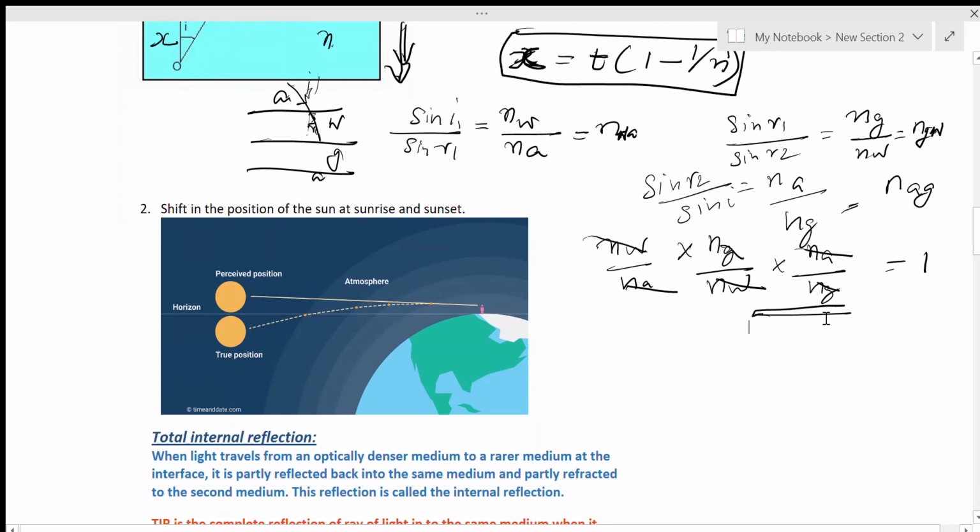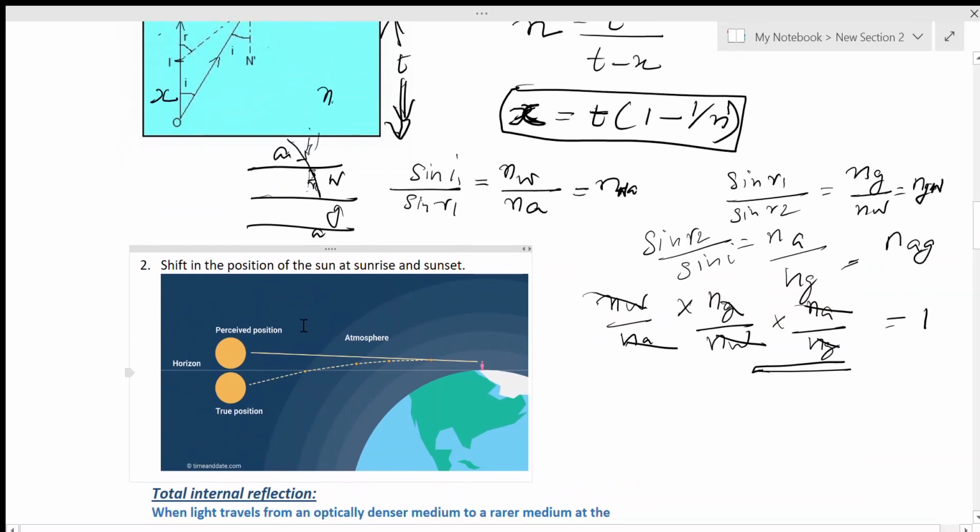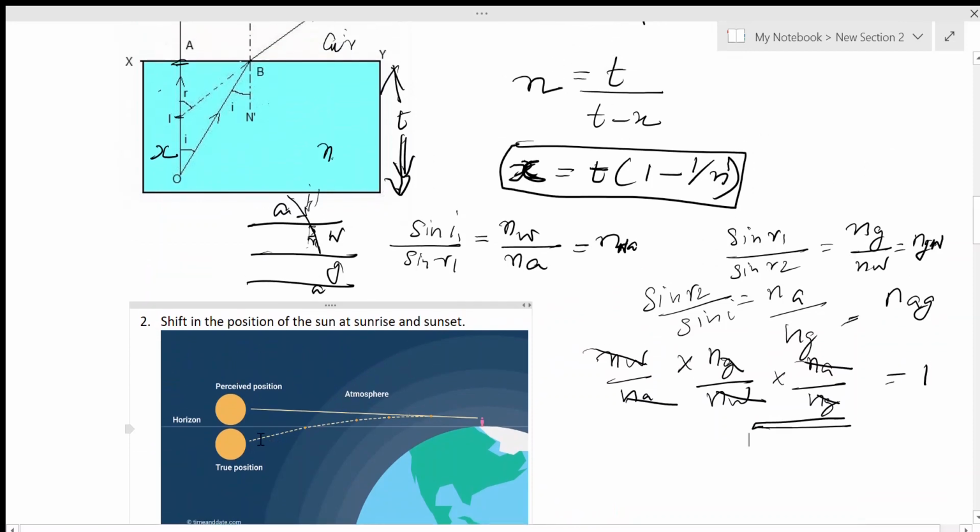Now there is a shift in position of the sun at sunrise and sunset. That is also due to refractive index change in the atmosphere. So it's actually due to atmospheric refraction. We say the reason for this phenomenon is atmospheric refraction. So during the sunset, the sun might have gone down the horizon.